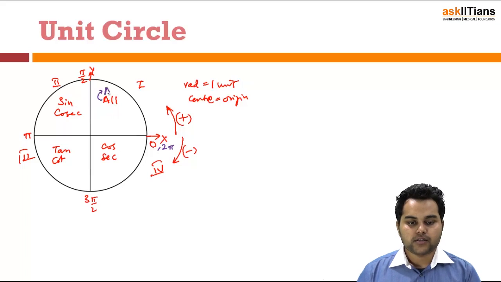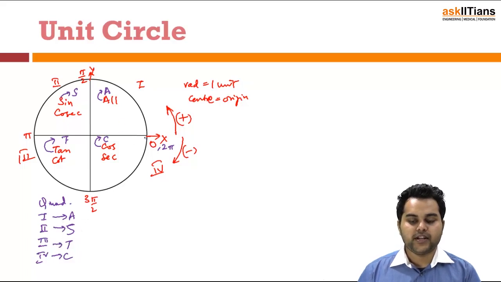This can be termed as A for all, S for sine, T for tan, and C for cos. So all students to class, if I write them as first, second, third and fourth, these being quadrants, I can have all students to class. So these are positive in these corresponding quadrants.